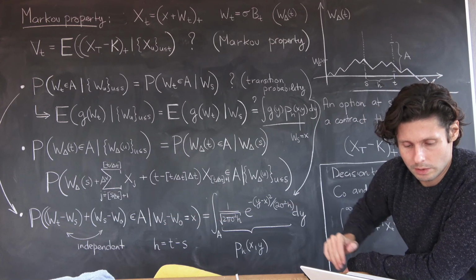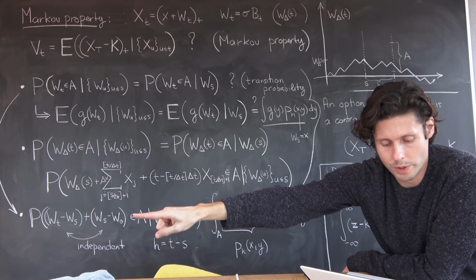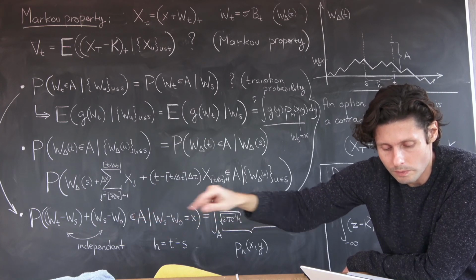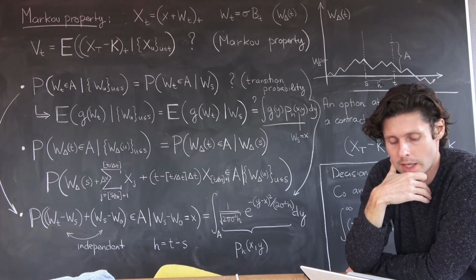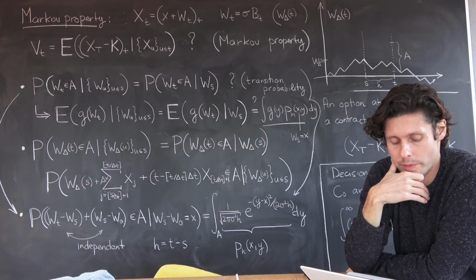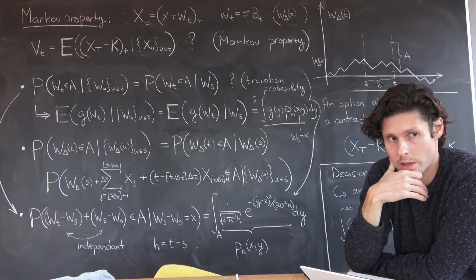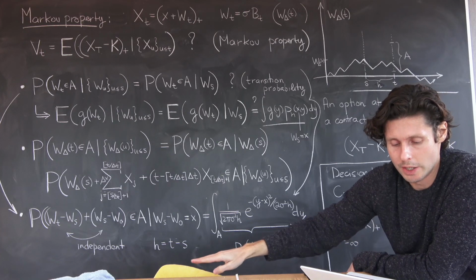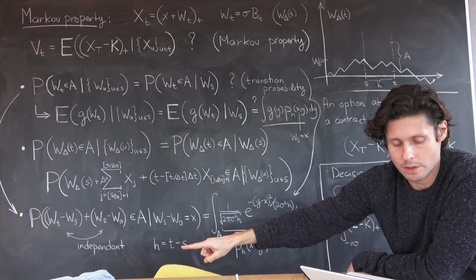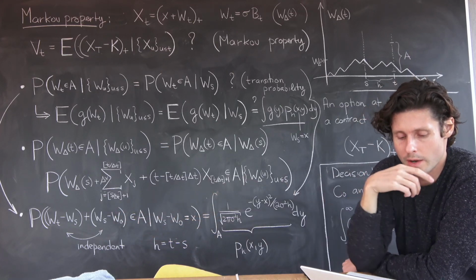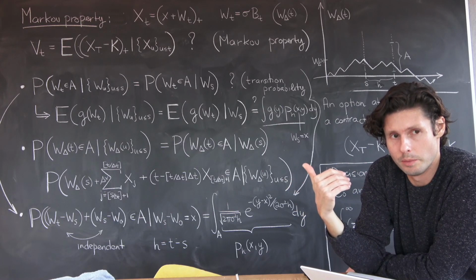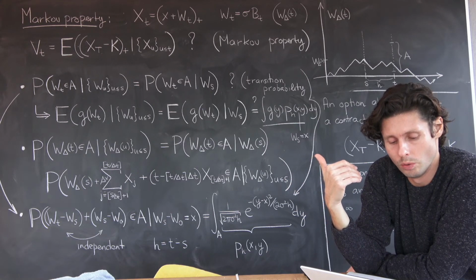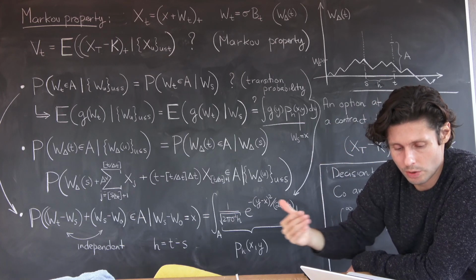And to compute that, we go through the usual steps. We look at those two things that we're adding. The first one is an increment from t to s. That's normally distributed with mean 0 and variance sigma squared (t minus s), or h, what I've labeled here as h. That is the distribution of that increment on the left there. And the second increment, we know that's just x. So that's taking our mean 0 normal distribution and shifting its mean over to x.